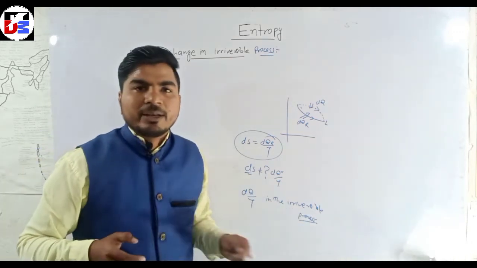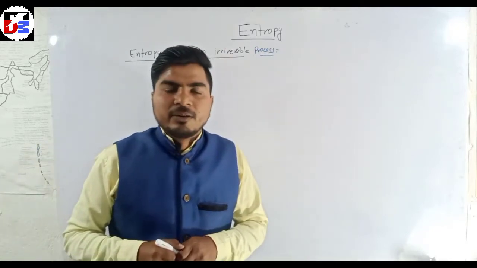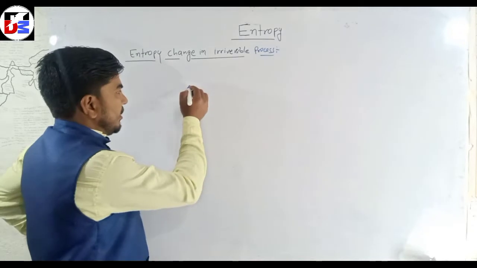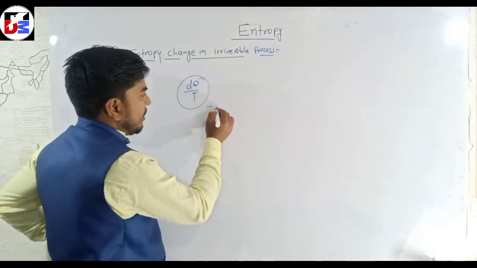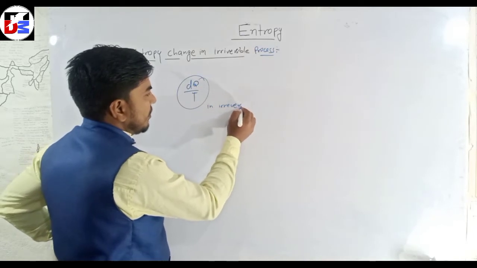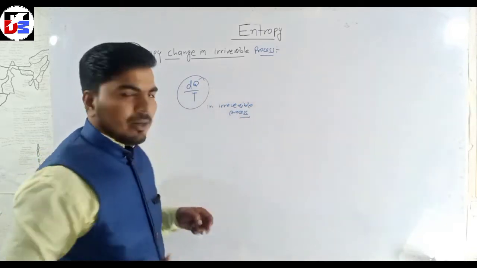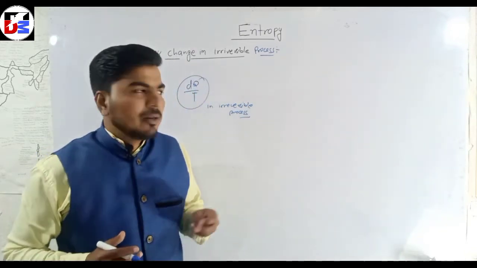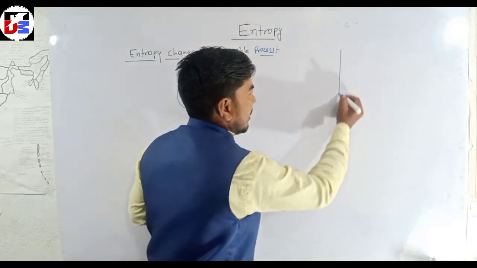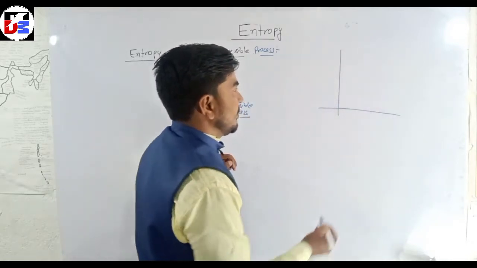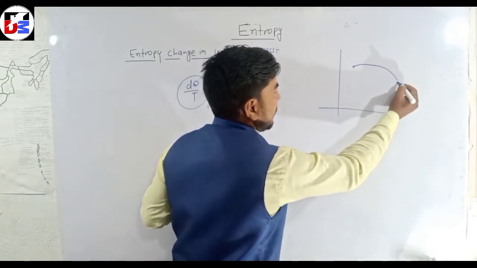For calculating the dQ by T in an irreversible process, we take a cycle, for example 1 to 2.